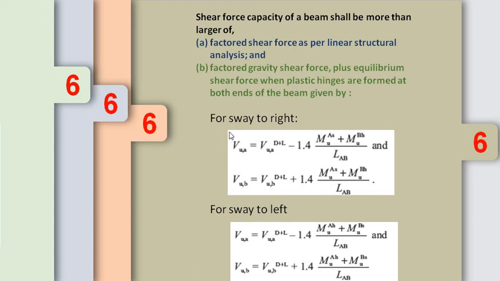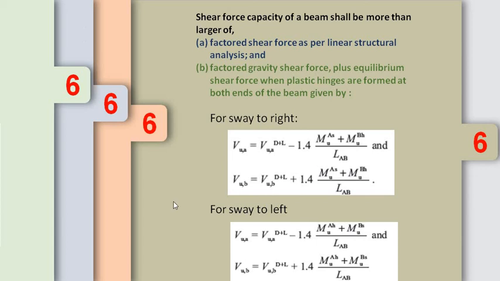Vu,A and Vu,B are calculated for the sway to right, and the formula is this, where Mu,As, Mu,Bh, Mu,Ah, Mu,Bs, all these are sagging and hogging moments of resistance of the beam section at ends A and B. These shall be calculated as per IS 456.